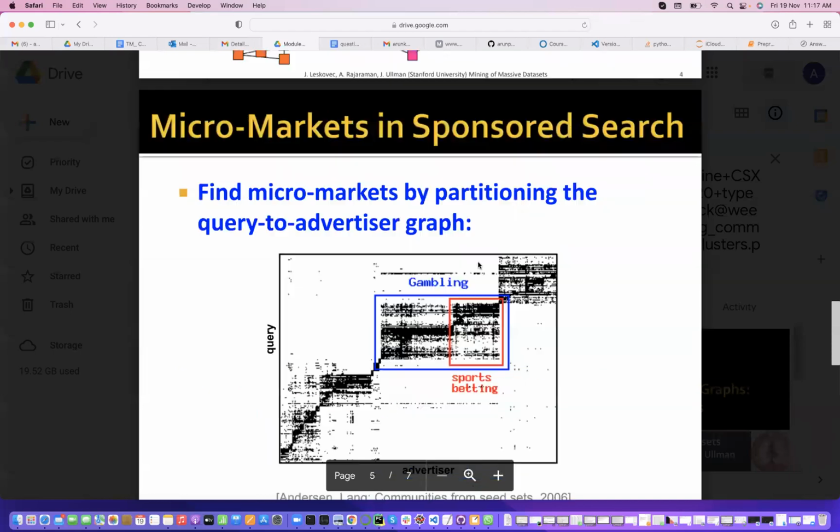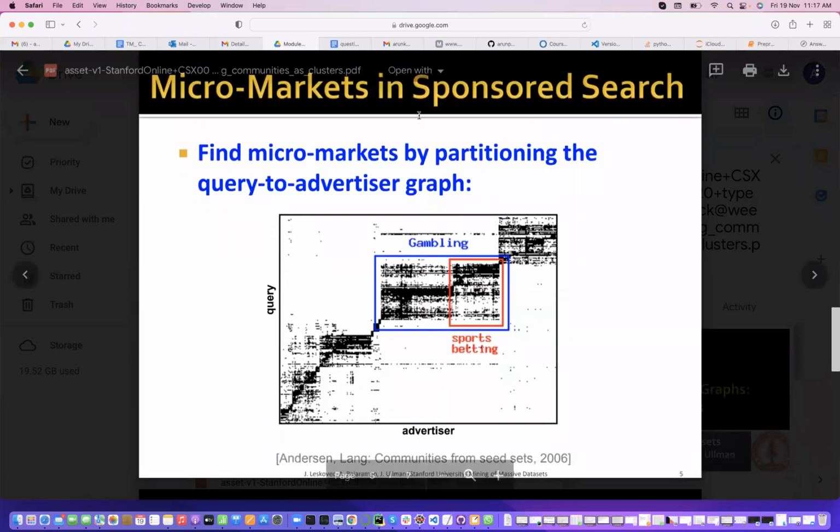So micro markets and sponsored search: where do we apply this, or where do we get these problems? Why do we need to find clusters in a community? Find micro markets by partitioning the query to advertiser graph.